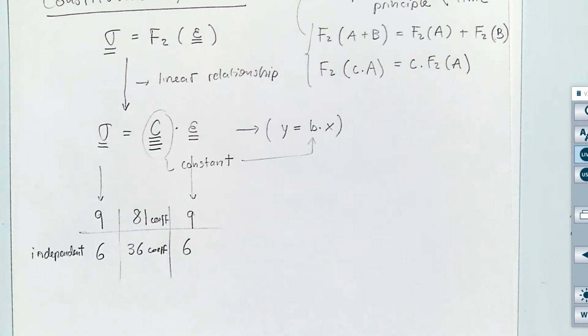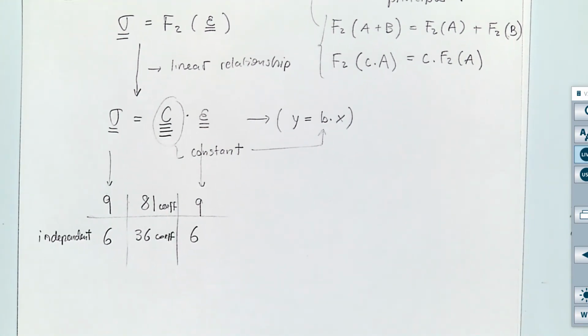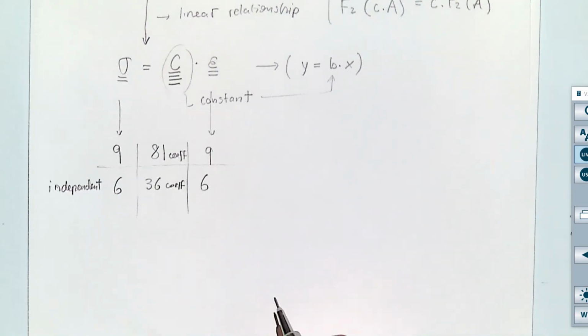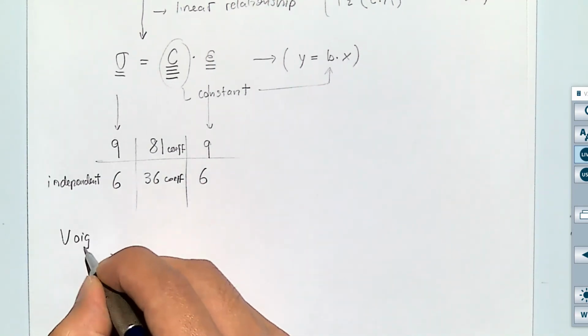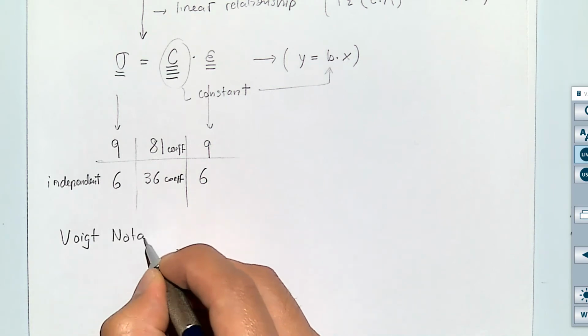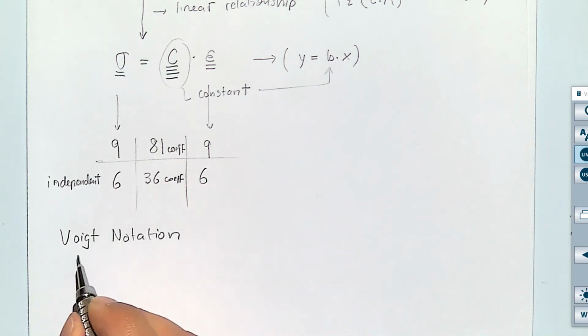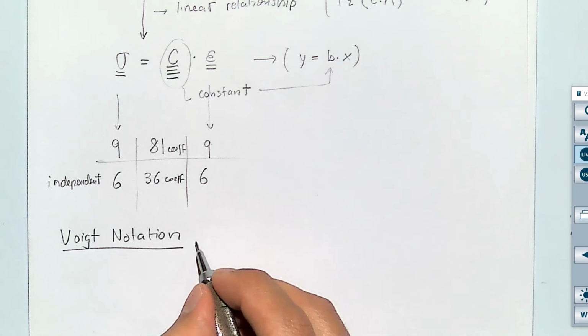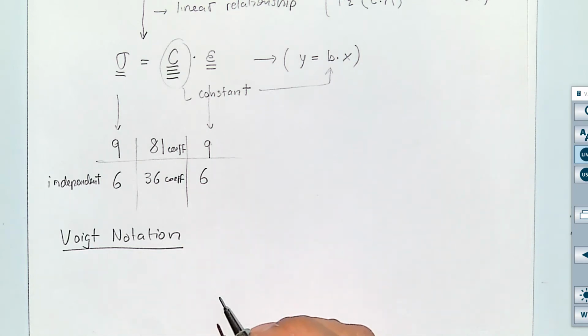And in order to do that, I'm going to use something which is called Voigt notation. And the Voigt notation makes some of these operations a lot easier.